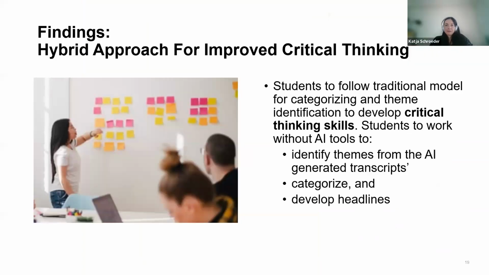As you can probably figure out, our findings were that the hybrid approach, using AI to augment and facilitate the traditional approach, really improved critical thinking. In addition to that, we want them to use tools that companies are using.